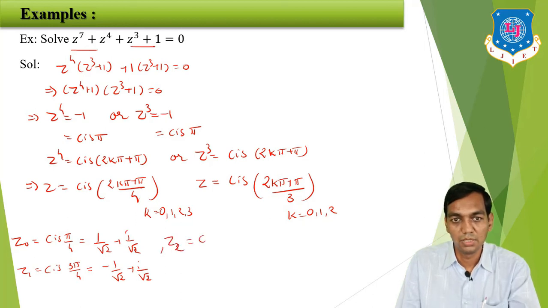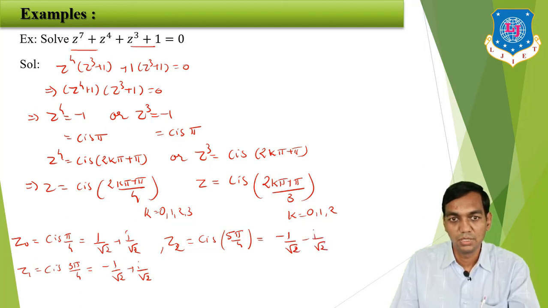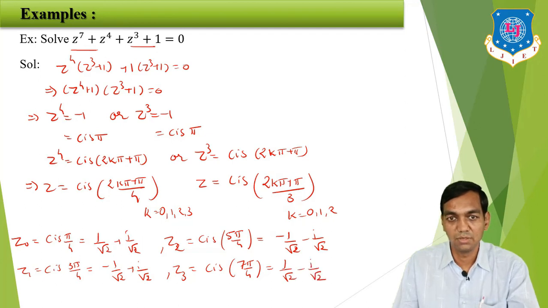Z2 will be cis 5 pi by 4, and that is nothing but minus 1 by root 2 minus i by root 2. And Z3 will be cis 7 pi by 4, that will be 1 by root 2 minus i by root 2. So Z1, Z2, Z3, Z4.